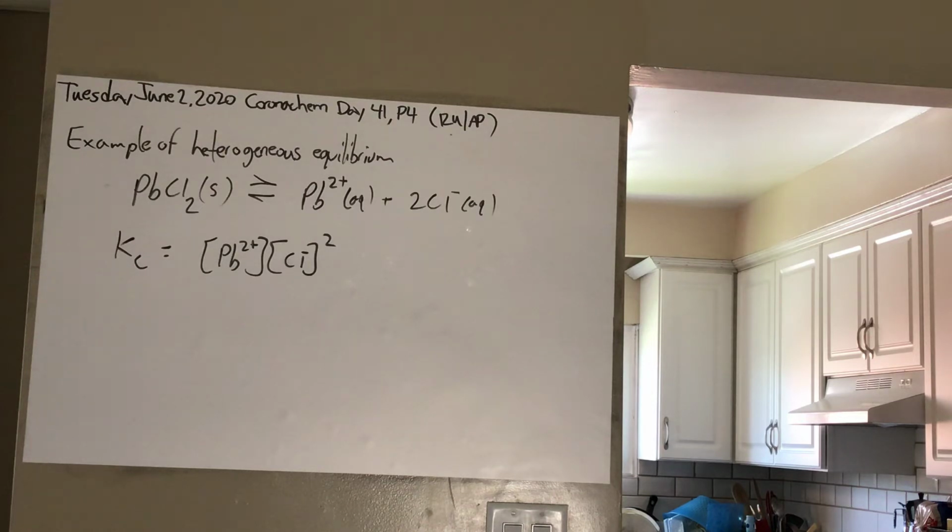So you only include the parts that are aqueous. For example, in part A, it says Kc for chromium solid plus 3 silver aqueous turning into chromium aqueous plus 3 Ag solid. You'll see that the chromium aqueous is included in the numerator, products over reactants always, and in the denominator you include the Ag plus to the power of 3.